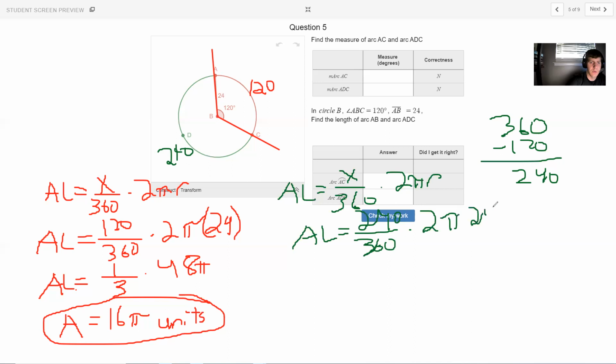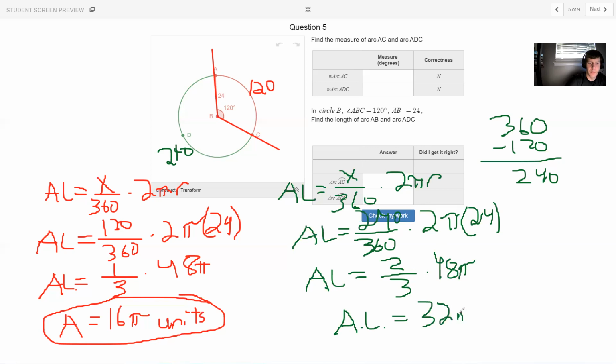The radius is 24. So again, you can just go ahead and put that straight in your calculator, but if you want to reduce it here, that's going to be 2/3 times 48 pi. And then 2/3 of 48 is going to be 32. So this is going to be 32 pi units.